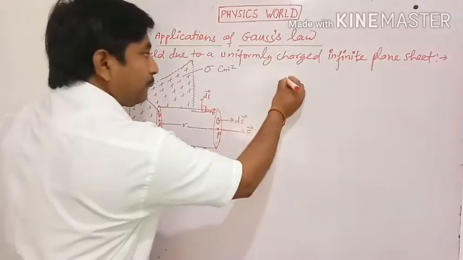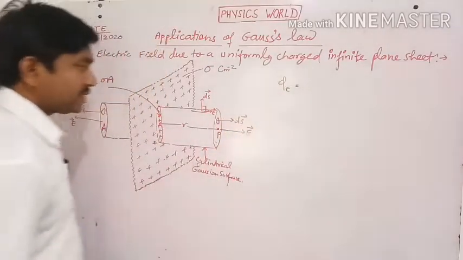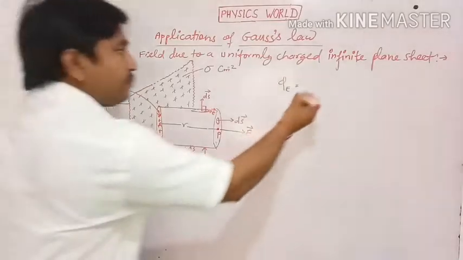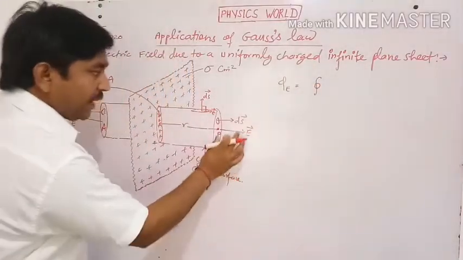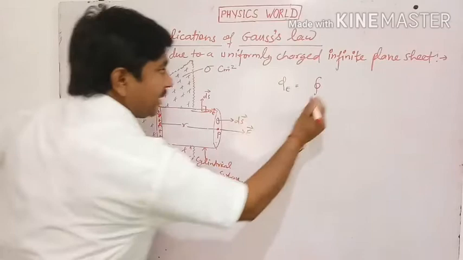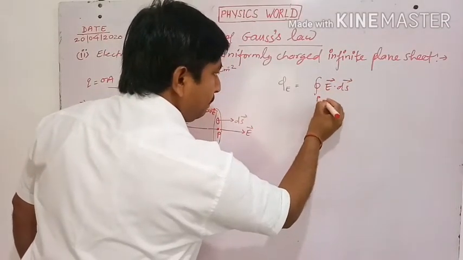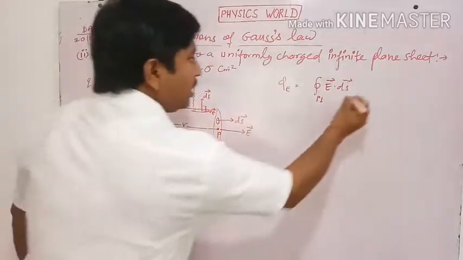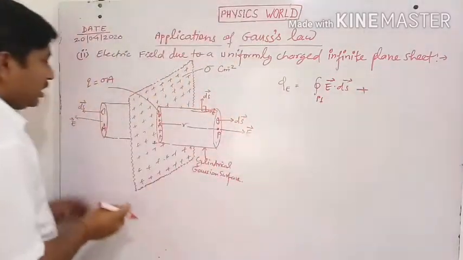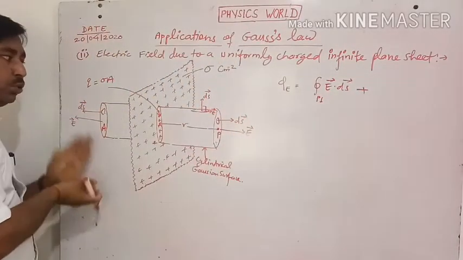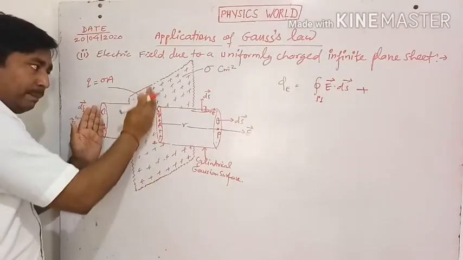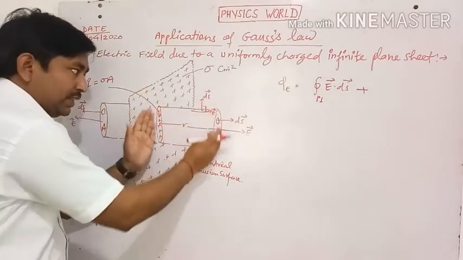So the total electric flux passing through this surface can be expressed as the total flux passing through plane surface 1, that is integration E dot ds, plus the second plane surface, which is equidistant from the plane sheet, as this plane surface is.